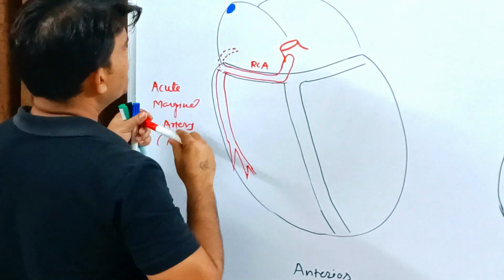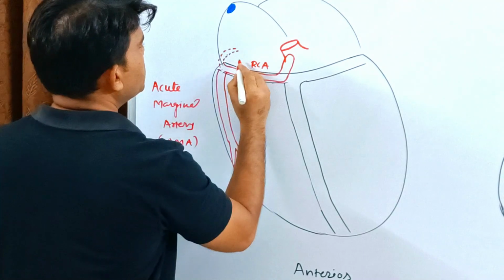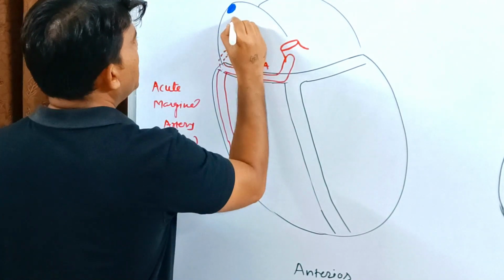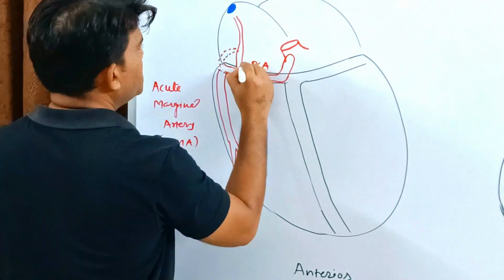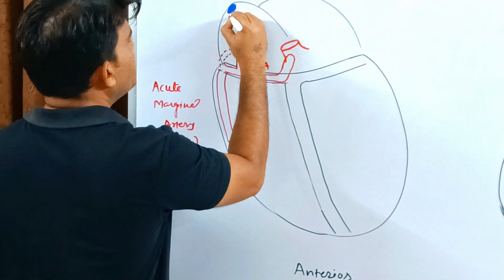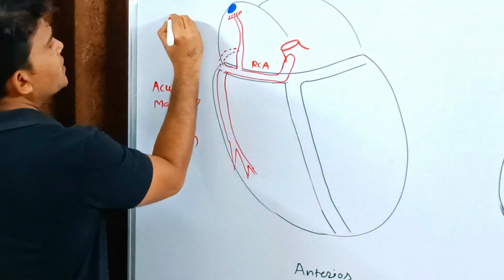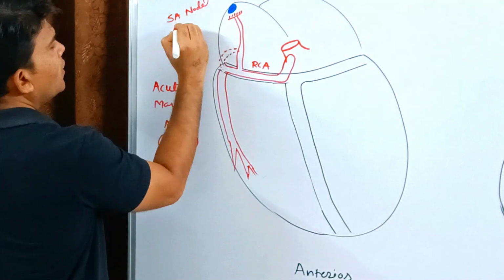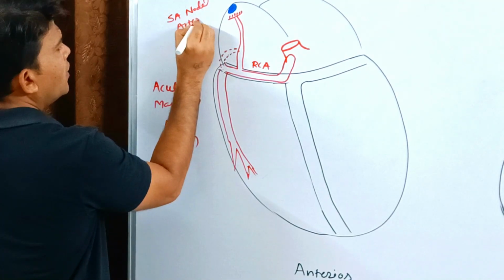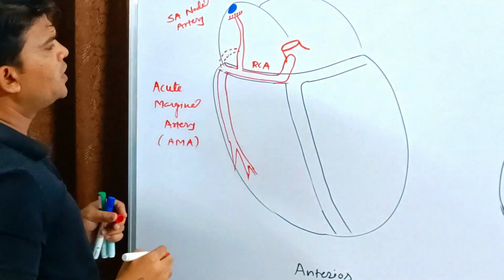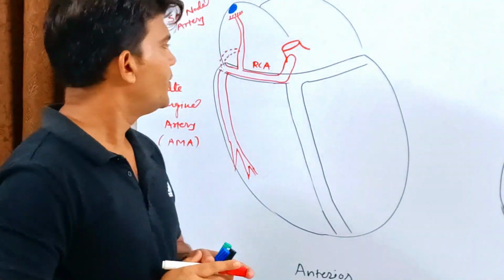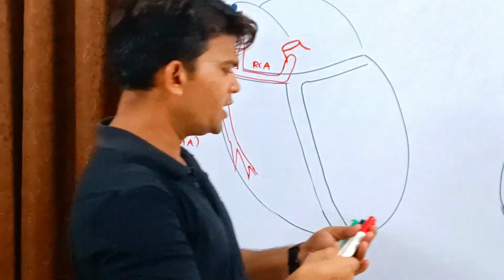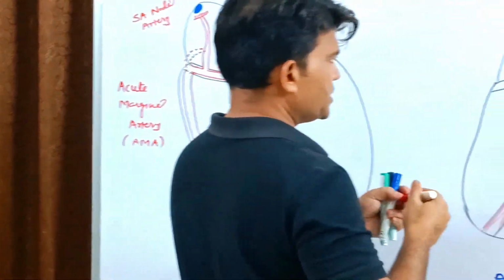The SA node is supplied by a branch of the right coronary artery, and this branch is named the SA nodal artery. SA nodal artery, right?